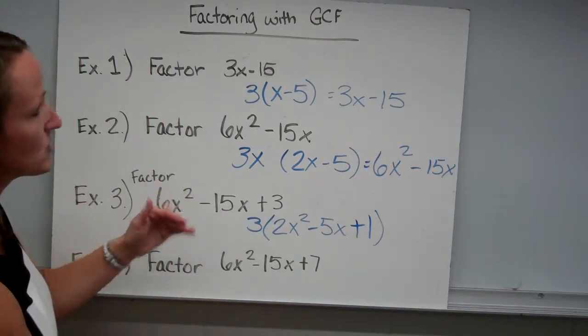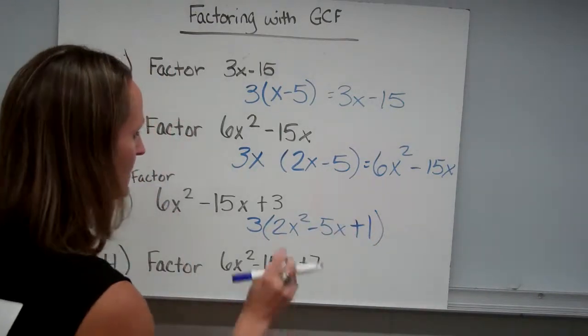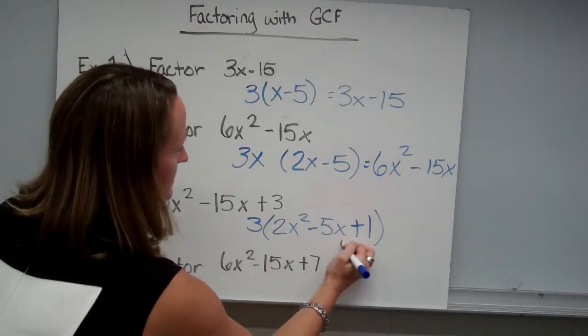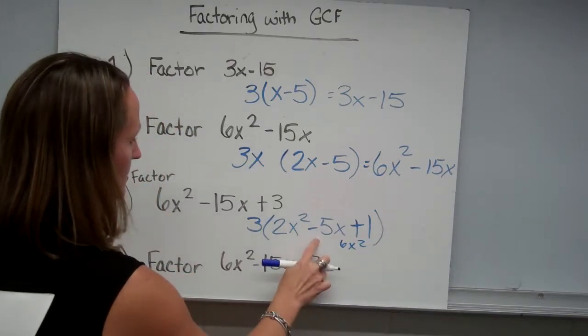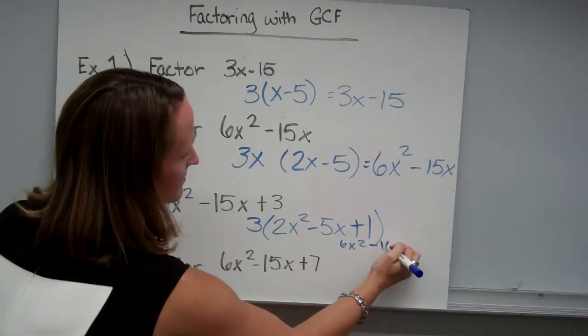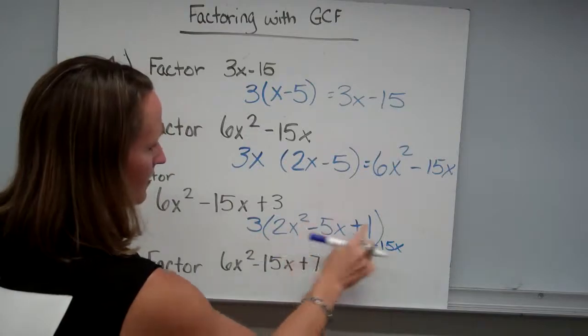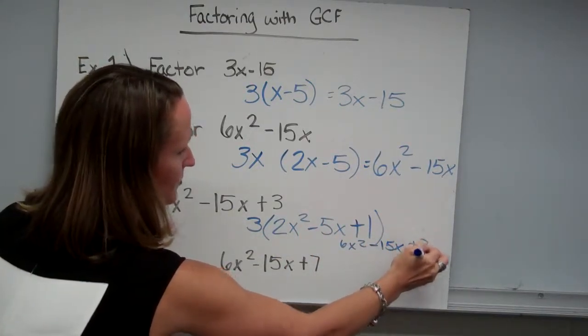And again, I can multiply this back through to make sure that I got my answer right. So this will become 6x squared. This becomes 15x. This is just going to be 3.